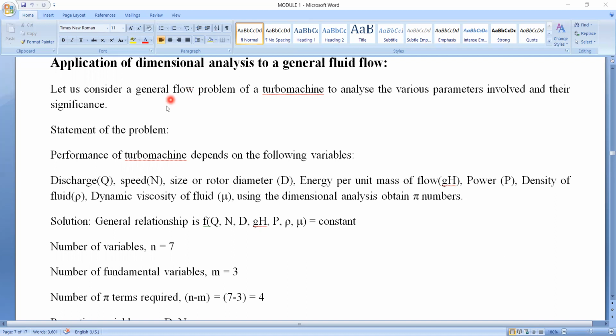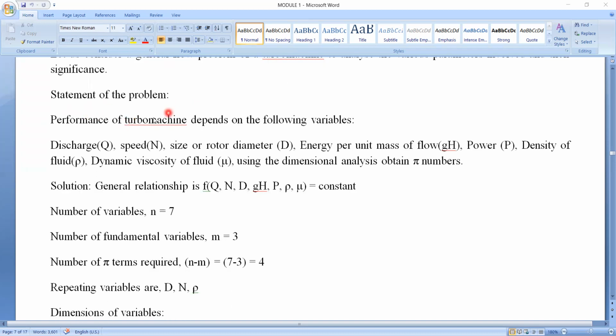Now let us look at the statement of the problem. The performance of any turbo machine depends on variables like discharge Q, speed N, size of the rotor or diameter D, the energy per unit mass of flow gH, the power P, density of fluid rho, and dynamic viscosity of the fluid mu. Using dimensional analysis we have to obtain the pi terms.